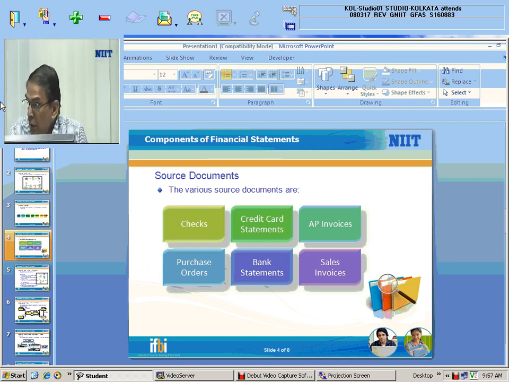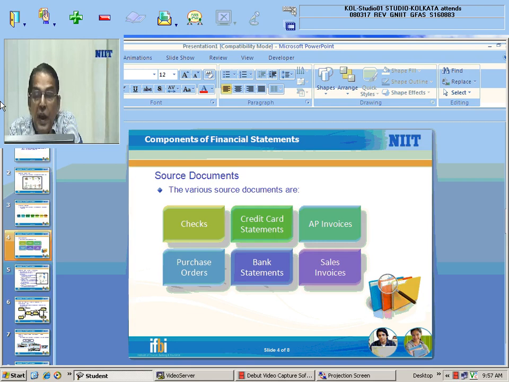Now source document will depend on the nature of transaction. What source document for which transaction depends on the nature of transaction. So source document will always depend upon the transaction, like vendor invoice for expense posting, bank statement for banking transactions like bank charges or interest.